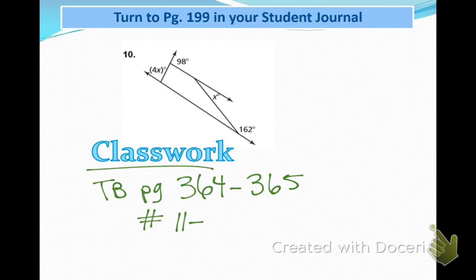So you're doing 11 through 17. That's what's going to be checked today. But you also need 18 through 26. So you're doing 11 through 26 overall. Let me freeze this screen for you.